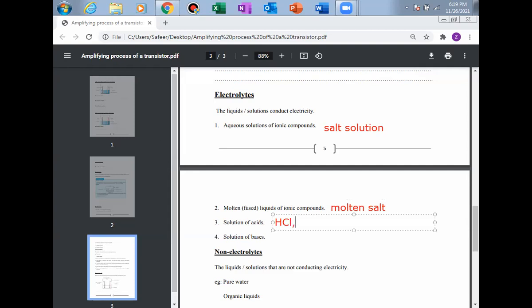Then sulfuric acid, H2SO4. Sulfuric acid, H2SO4, is the symbol.